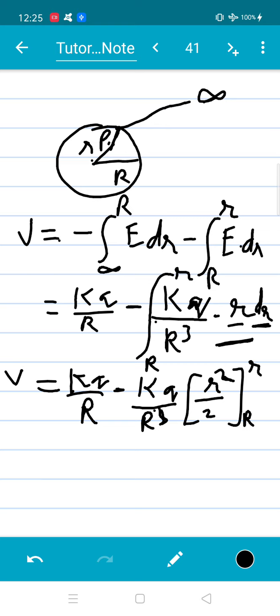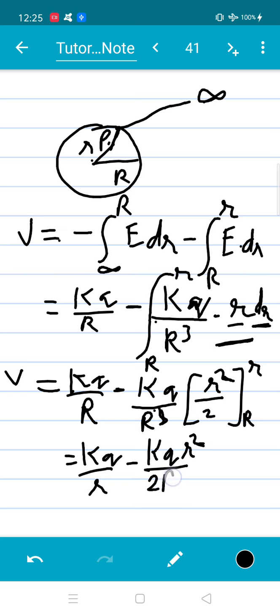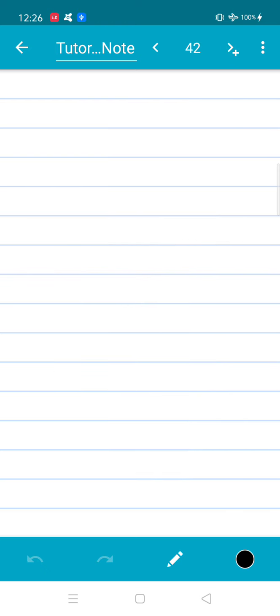Now when we substitute and solve the limits, we will get the expression minus kq r square upon 2R cube plus kq upon 2R. This you will get while solving. You can do the calculation part yourself.